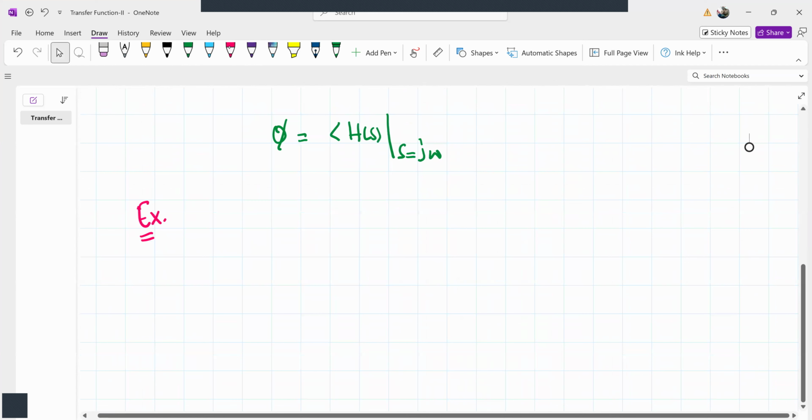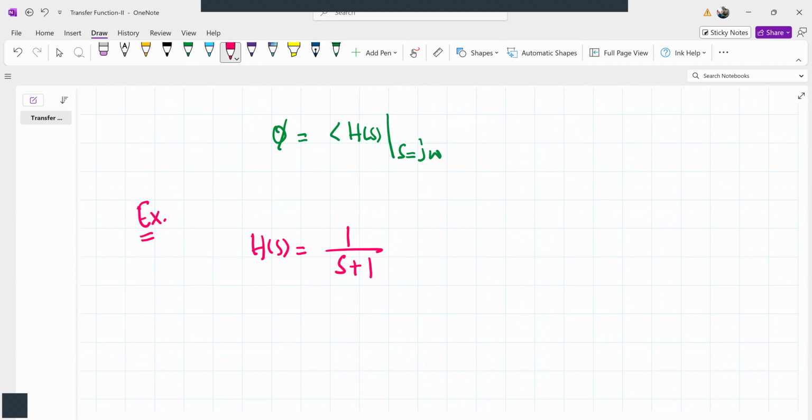Let's suppose the transfer function H of s is simply 1 by s plus 1, and input x of t is simply equal to, let's take it, 10 sine t plus 45 degrees. So amplitude A is 10, omega is 1, and theta is 45 degrees.